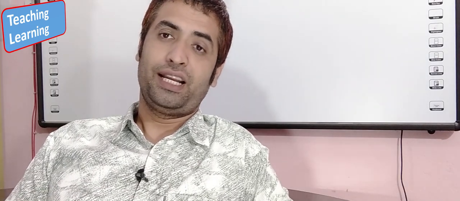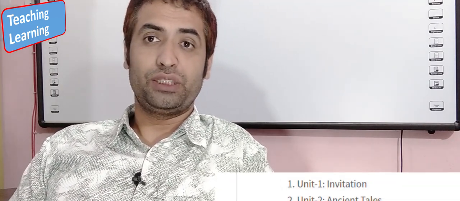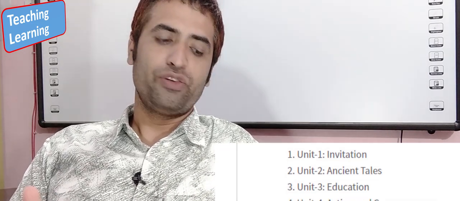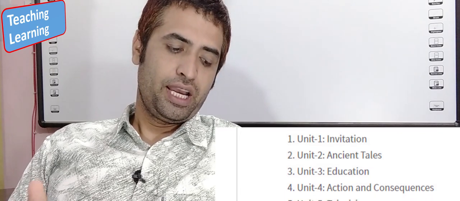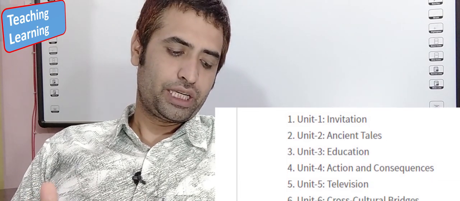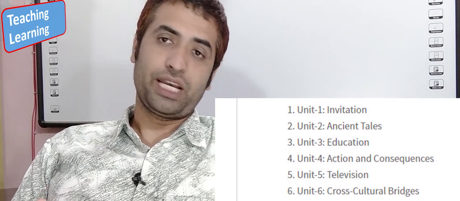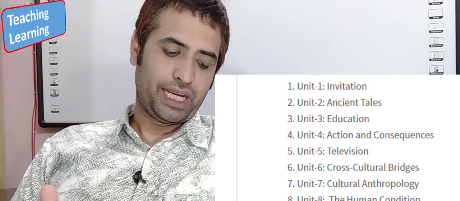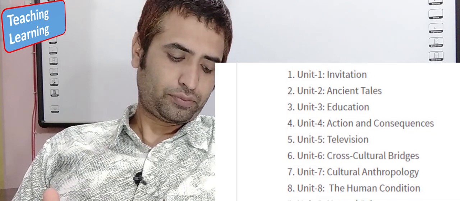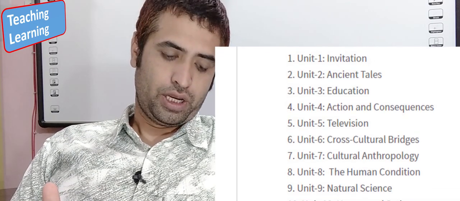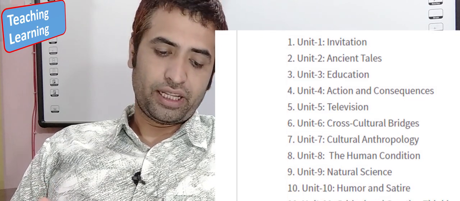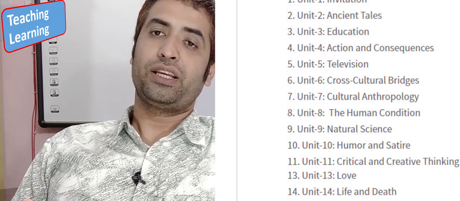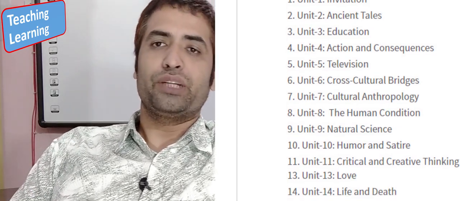For example, in unit 1 there is invitation, in unit 2 ancient tales, in unit 3 education, unit 4 action and consequences, unit 5 television, and unit 6 cross-cultural bridges. Unit 7 is cultural anthropology, unit 8 the human condition, unit 9 natural science, 10 humor and satire, 11 critical and creative thinking, 12 love, 13 life and death. So in this way there are altogether 13 units.